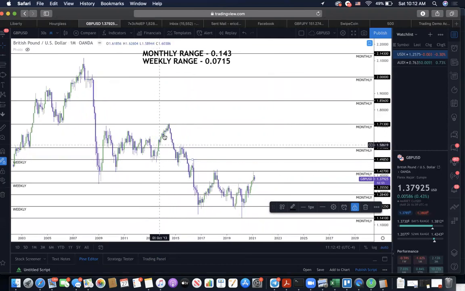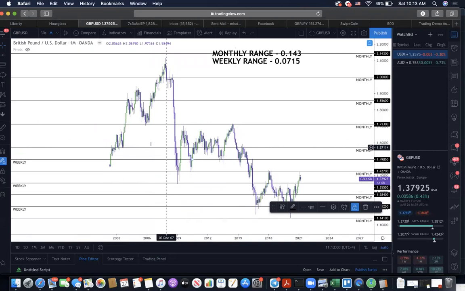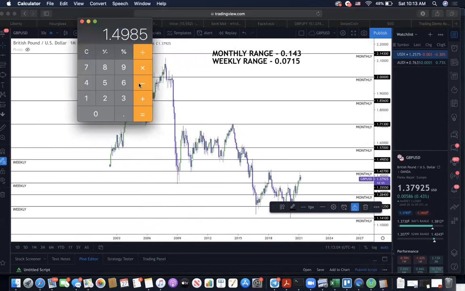It bounced off here, went up to this monthly, came down, came back up to the monthly, dropped, came back to the weekly, dropped, came back to the weekly, the monthly, dropped. So price respects these levels. All right, plus 0.3.